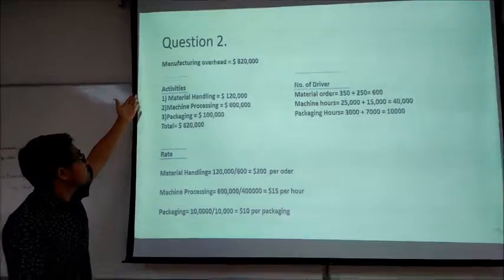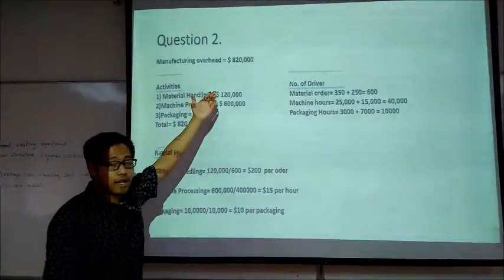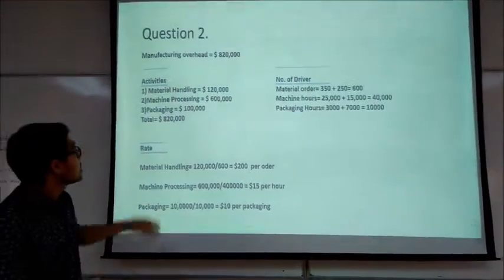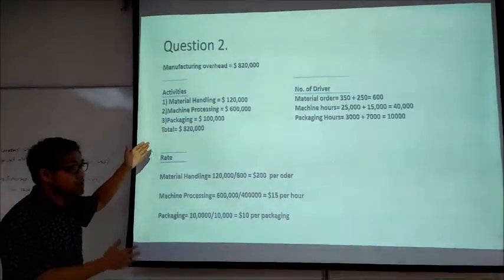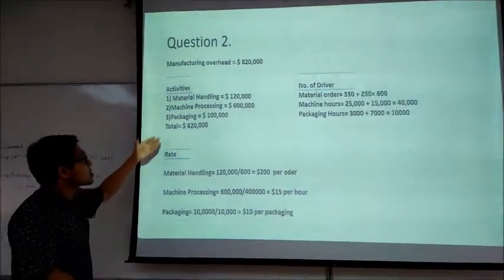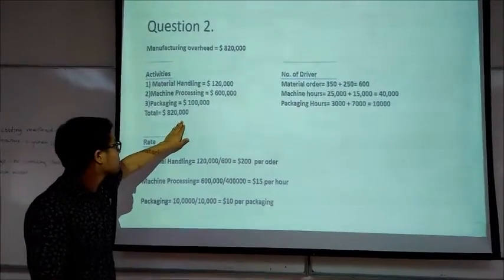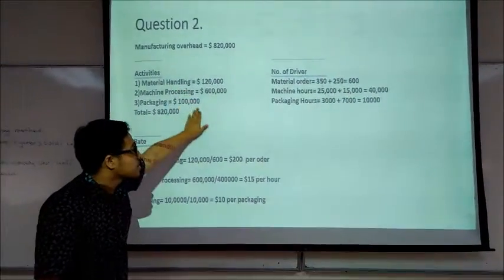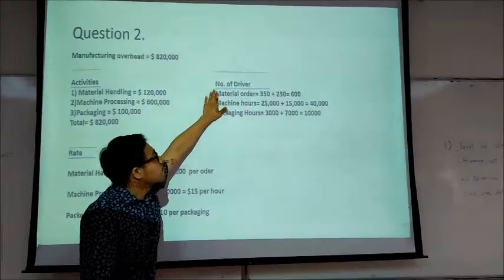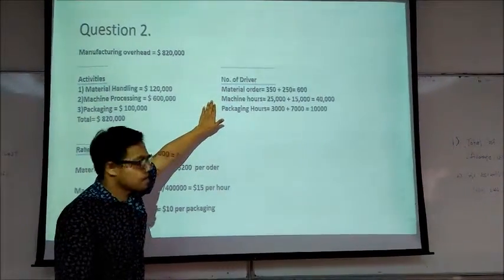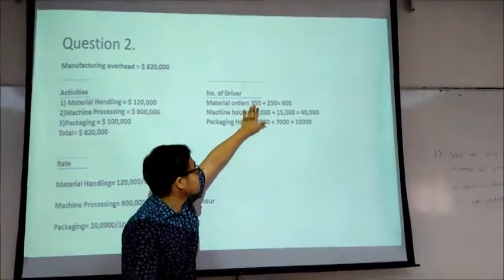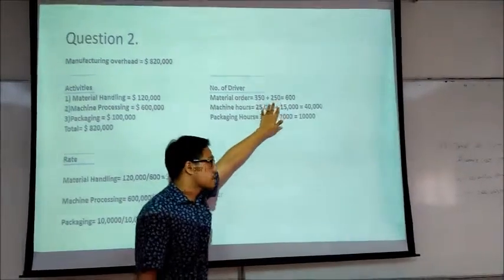For this question, we also know that the manufacturing overhead is $820,000, and we are given in the previous slides the activities that contribute to this $820,000, as you can see here, and the number of drivers for each television type, this is for medium and this is for the large TV.